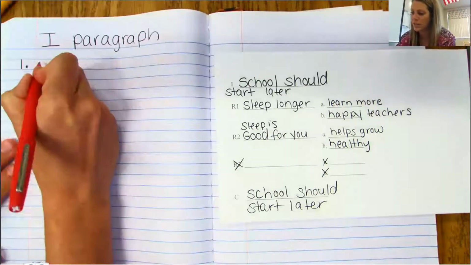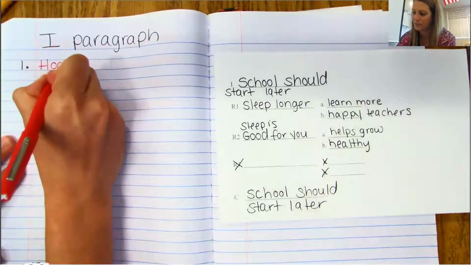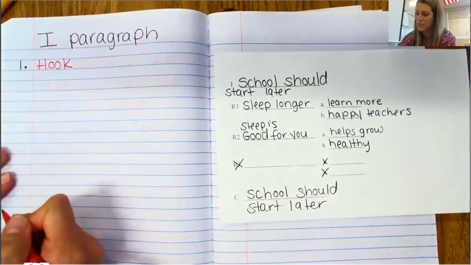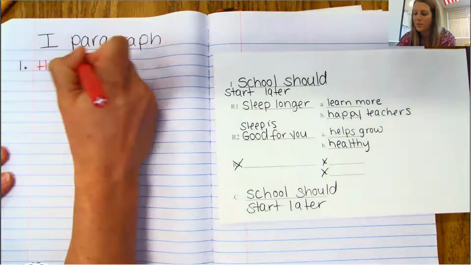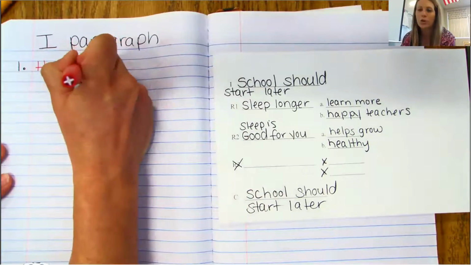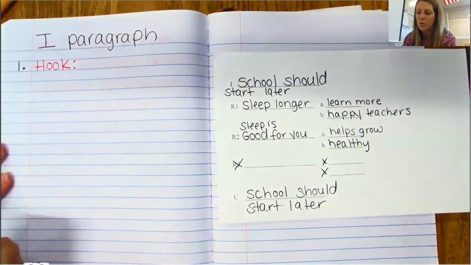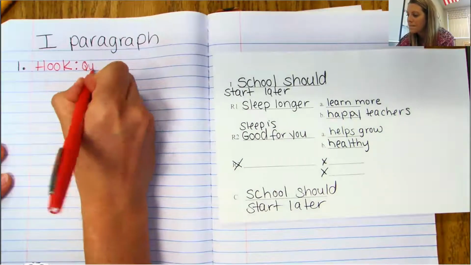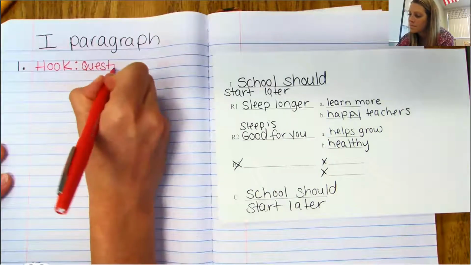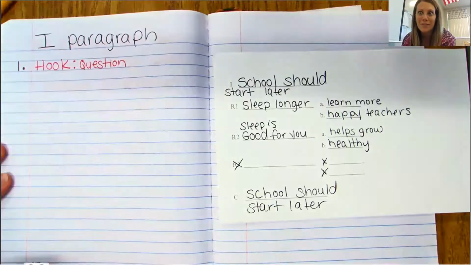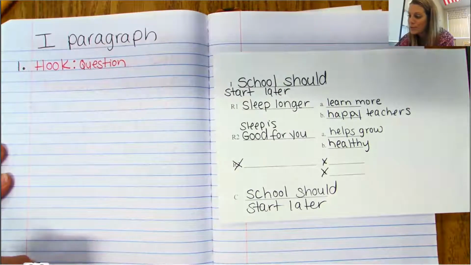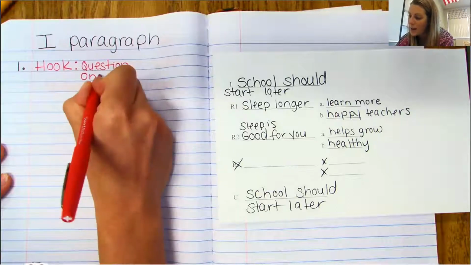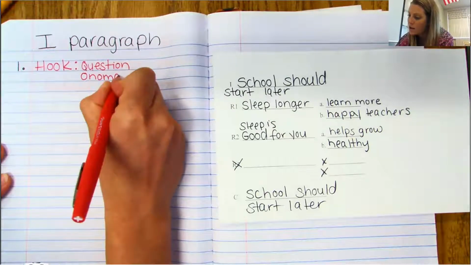Your first sentence is your hook, like I said, okay? And we know there's lots of different choices for a hook. Let's review what they are. Your hook can either be what? Do you remember? We can have a question. You can have that sound word. Do you remember what that's called? Onomatopoeia.